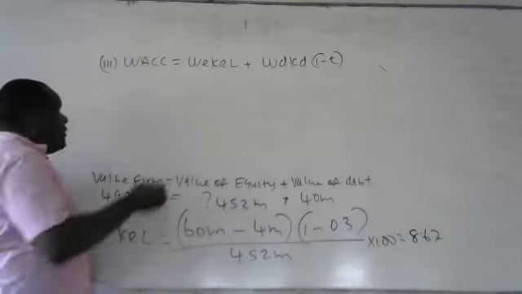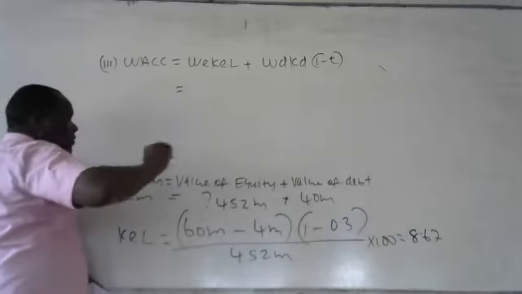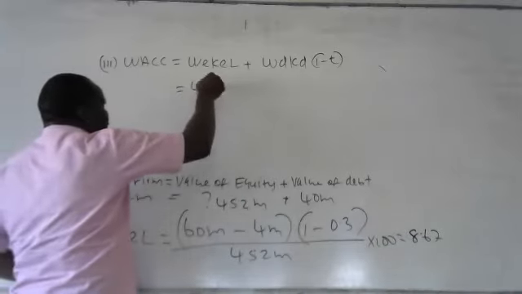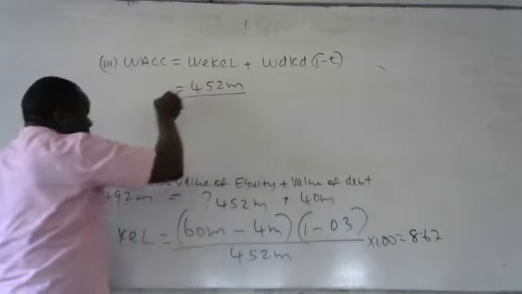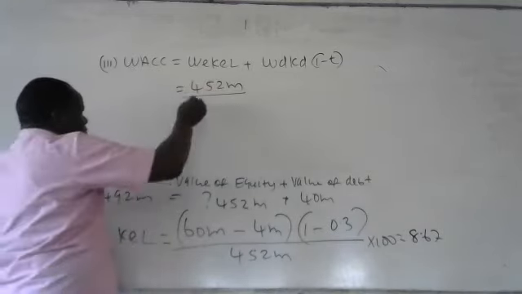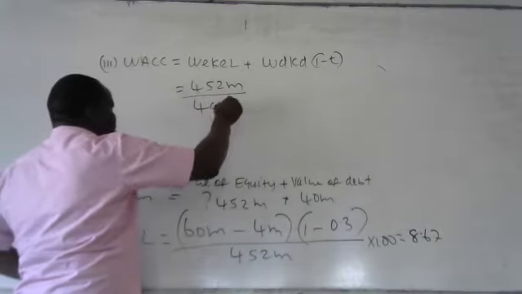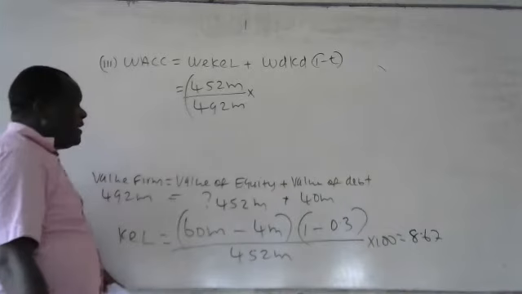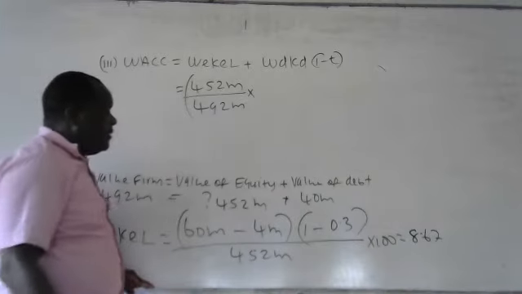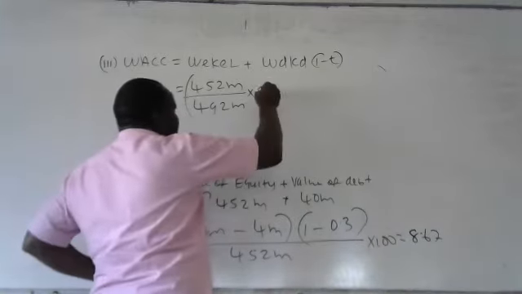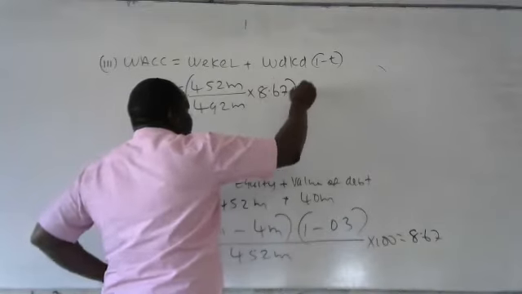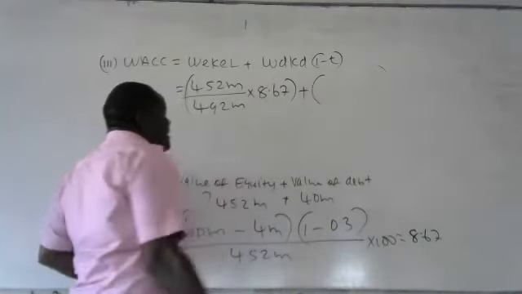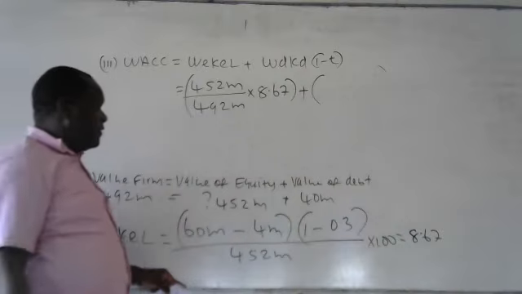So for weight of equity, you simply take 452 million, divide by the total value, which is 492 million, multiplied by KEL, which we said is 8.67. Then we add weight for the debt.